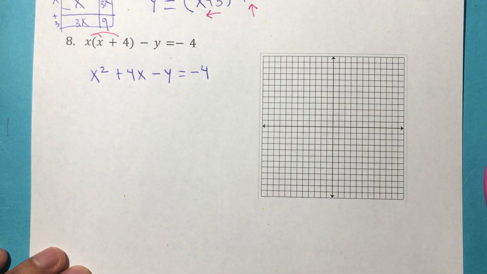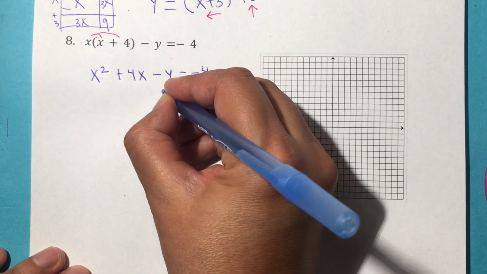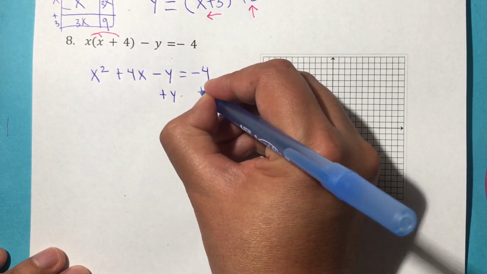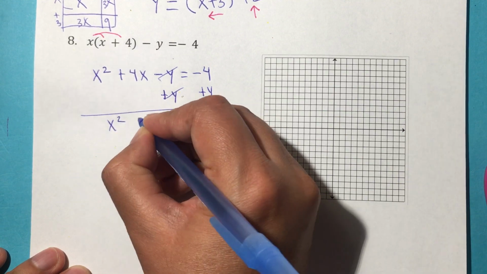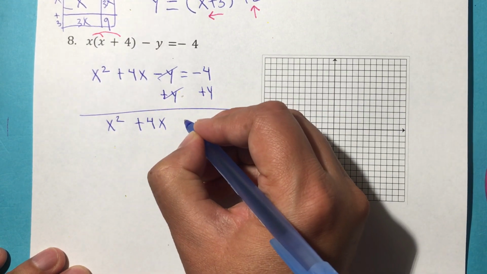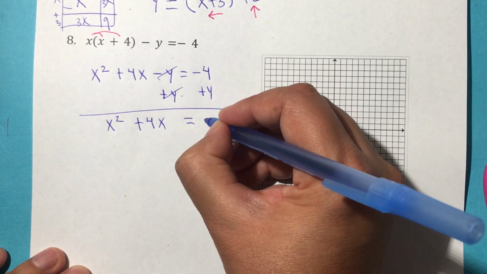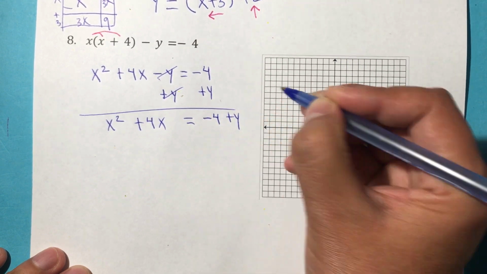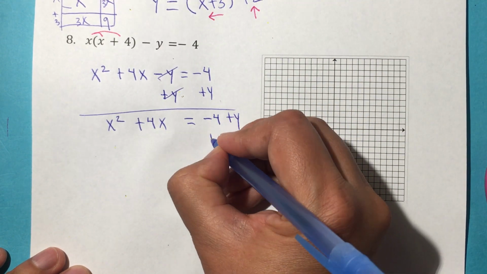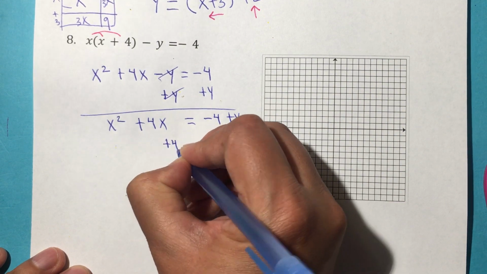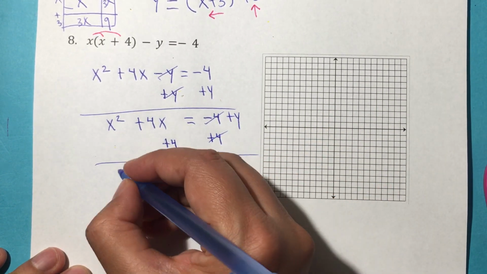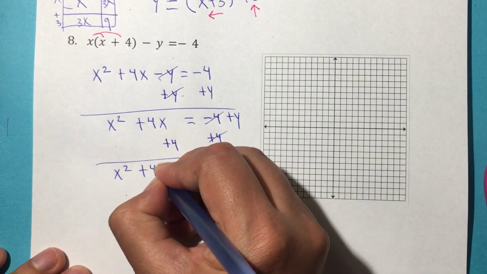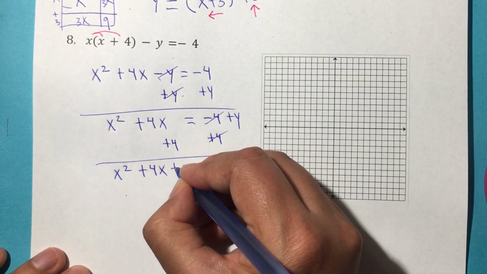I'm going to do one step at a time so that we don't get confused. First, I'm going to get rid of the y, and I get x squared plus 4x equals negative 4 plus y. Finally, I'm going to add 4 to both sides, and so y is equal to x squared plus 4x plus 4.